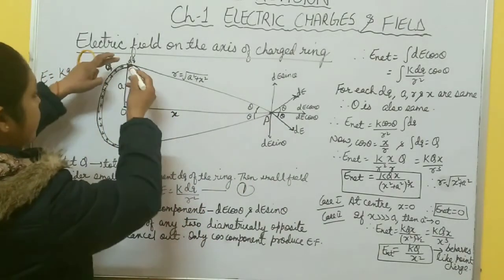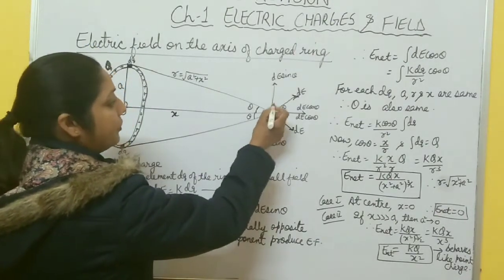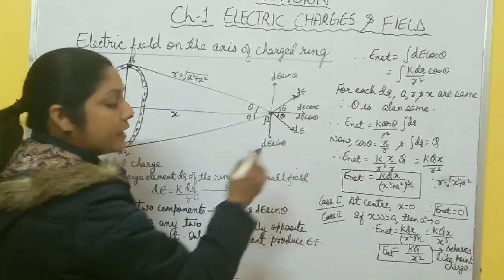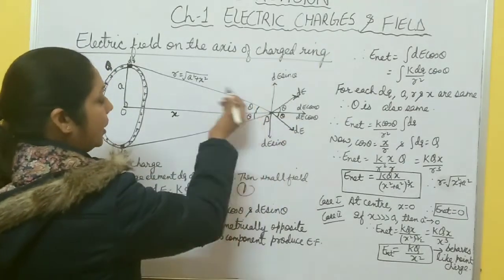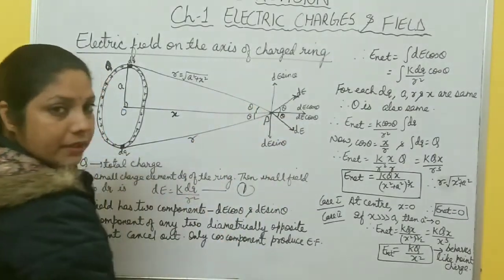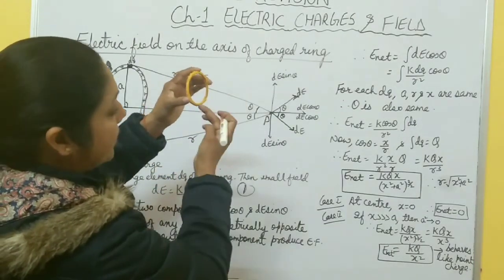Due to these diametrically opposite charge elements, the dE sin theta components cancel out, right? Because both are equal in magnitude. This distance is also r. You have to determine the electric field from this point or this point.